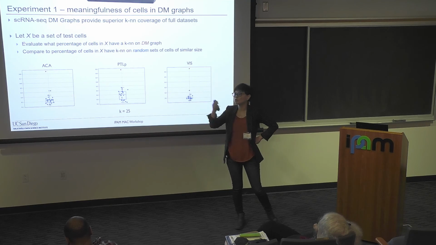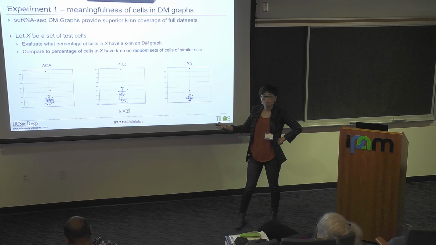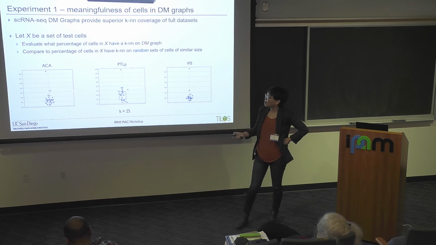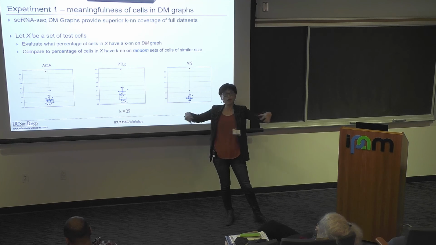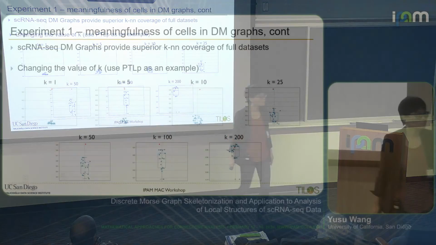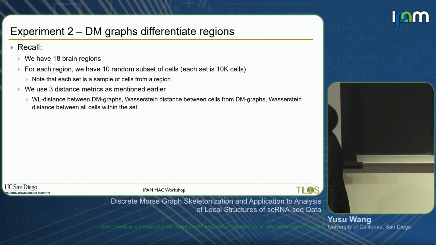It's only between 200 to 500 cells. Okay? It captures most of the points. But if you take a random subset, so we took many random subsets and looked at the KNN coverage, this coverage rate is very bad. Okay? That means that even though I have a significant reduction in the number of cells, the skeleton still covers well this entire collection of cells. Okay? This is just to show it's quite stable with respect to k as well.